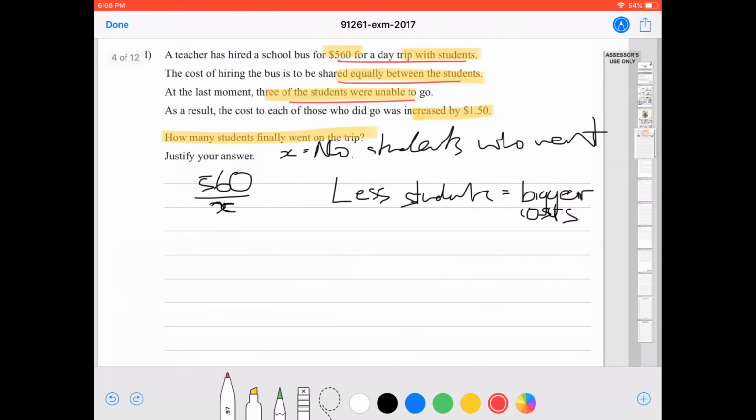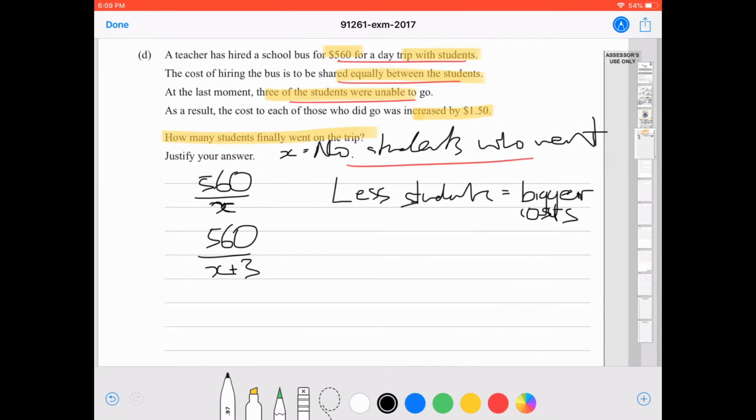If we say that x is the number of students who went, then 560 over x is afterwards. What about before, when we had those 3 students? We were going to say it was going to be 560 over, and using the same variable x, it would be x plus 3, right?